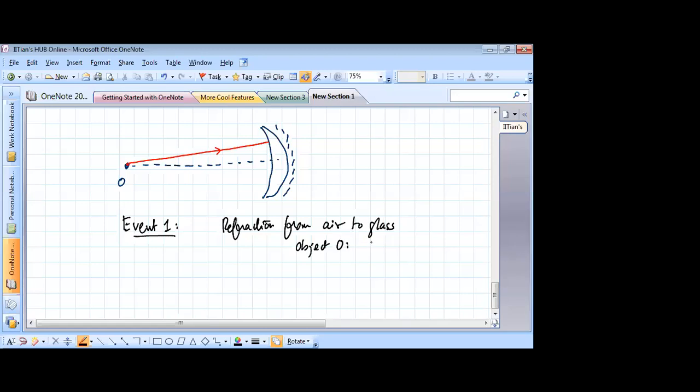Object O, so we'll take u as minus 90 centimeters. Image I1, let's say, so we'll take v as v1, and the radius on this side is 60 centimeters, so minus 60 centimeters with proper sign convention.